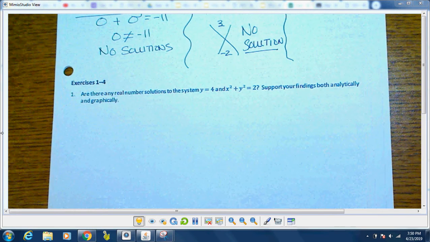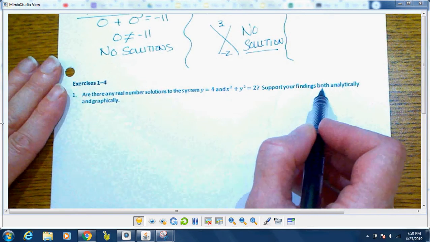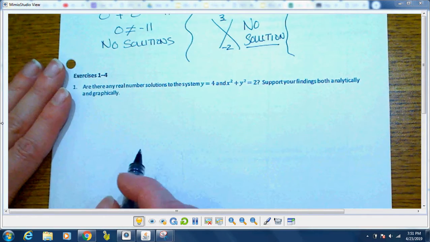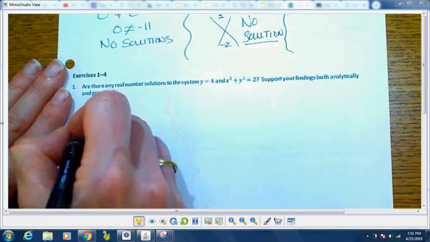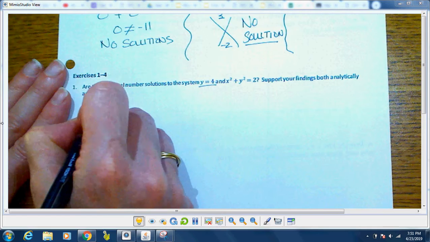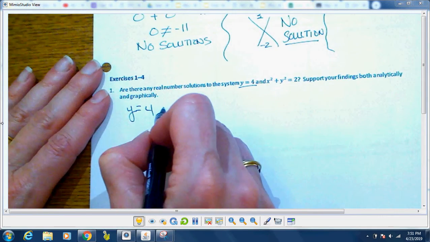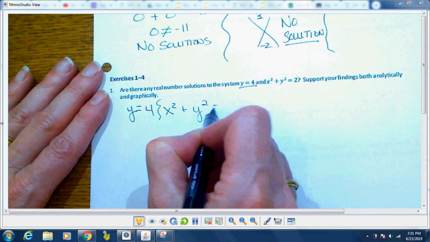Exercise number 1. Are there any real number solutions to the system y equals 4 and x squared plus y squared equals 2? So support your findings both analytically, that means do the math, and then graphically. So when we do this analytically, I'm going to substitute. I know that y equals 4, and I also know that x squared plus y squared equals 2.